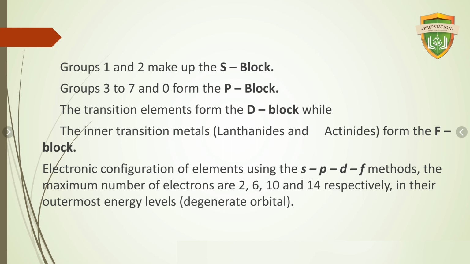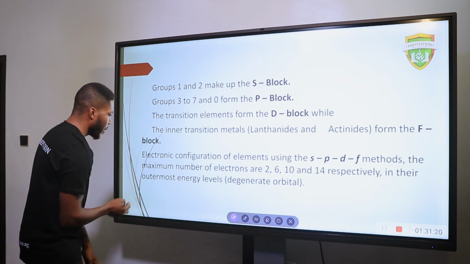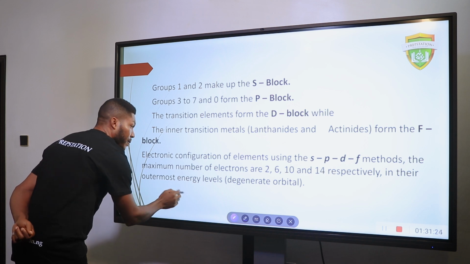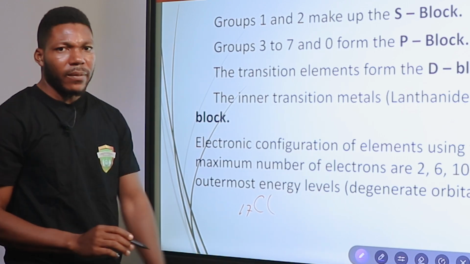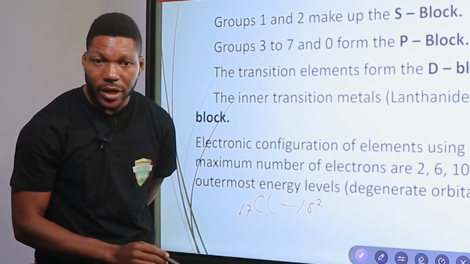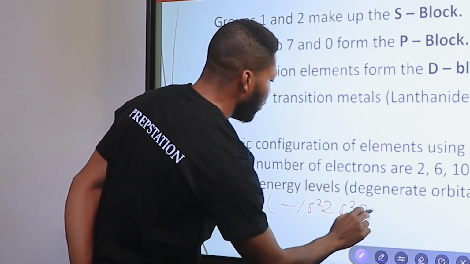Now, if you are going by electronic configuration, the S block contains 2 electrons maximum. For example, let's write the electronic configuration of chlorine, atomic number 17. The first shell is 1s2, then 2s2 followed by 2p6.